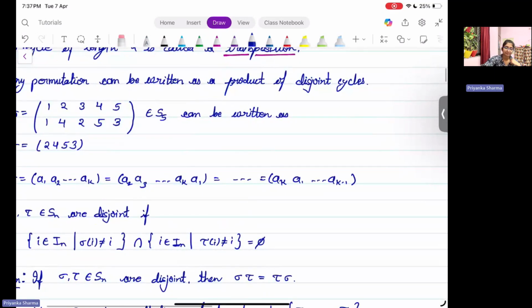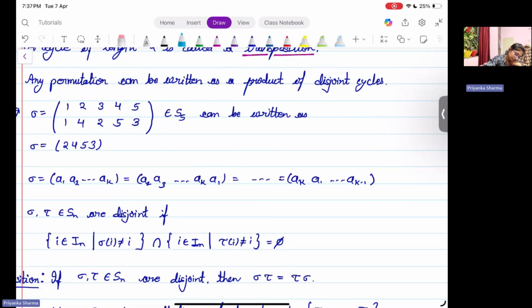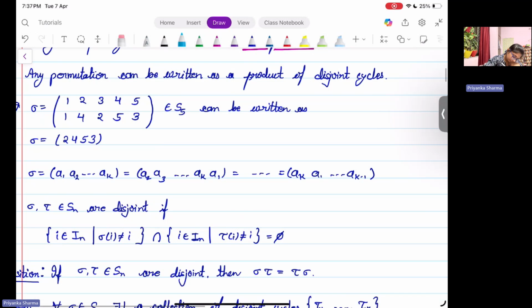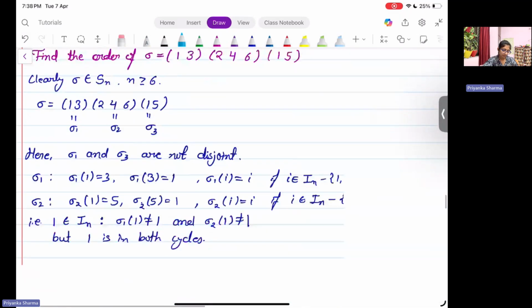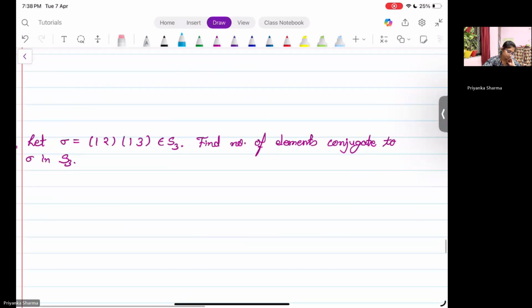Here you can relate: 1 belongs to I_n such that sigma 1 of 1 is not 1, and 1 belongs to I_n such that sigma 3 of 1 is not equal to 1. That is not 5. So that's why sigma 1 and sigma 3 are not disjoint here.